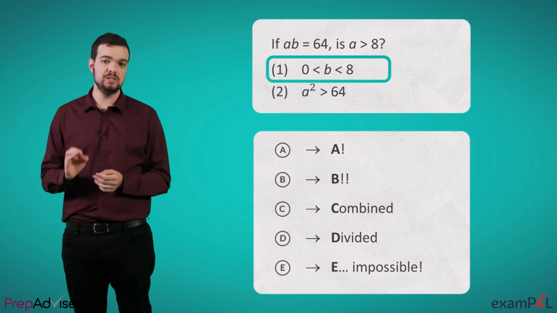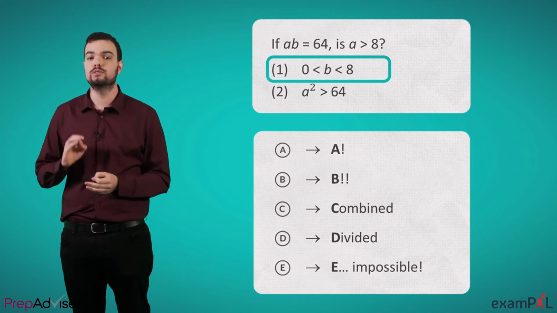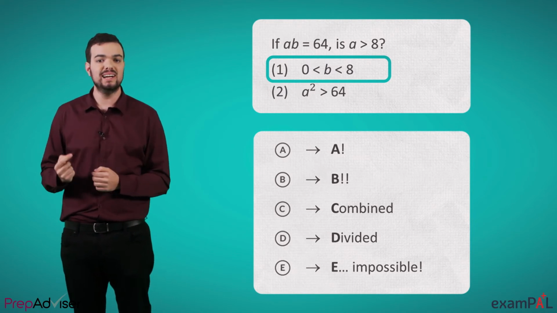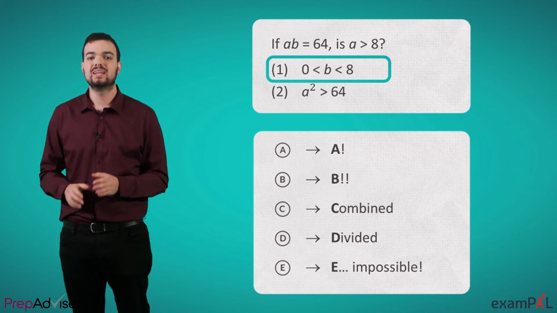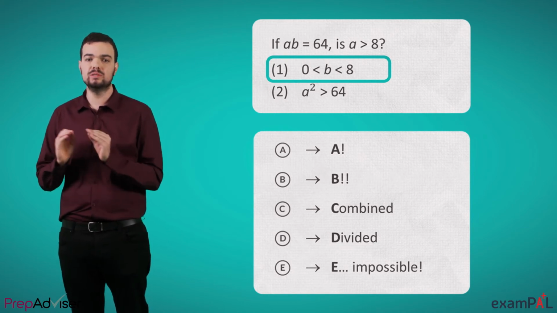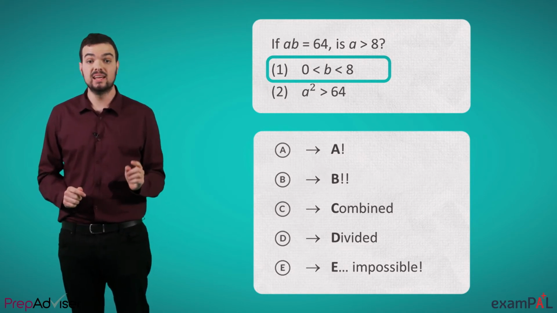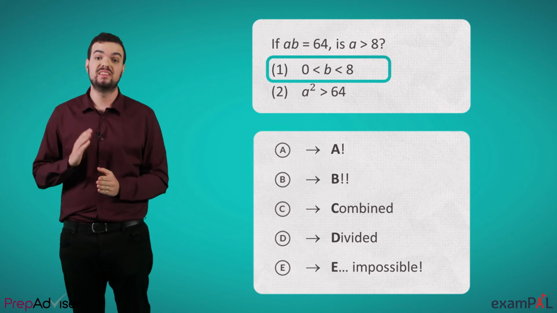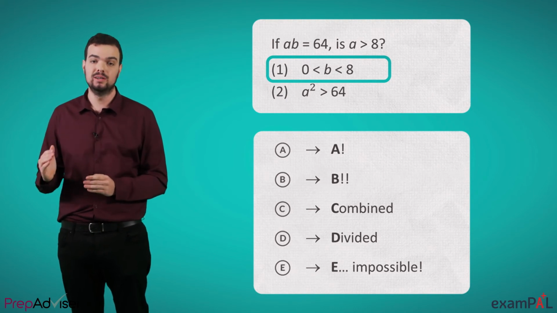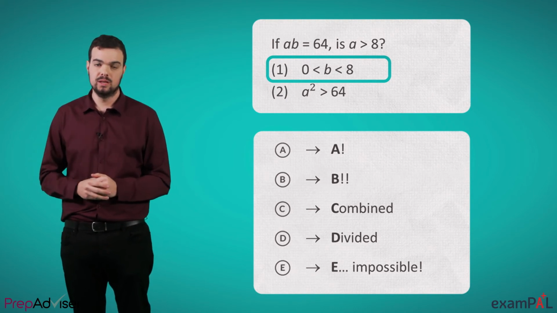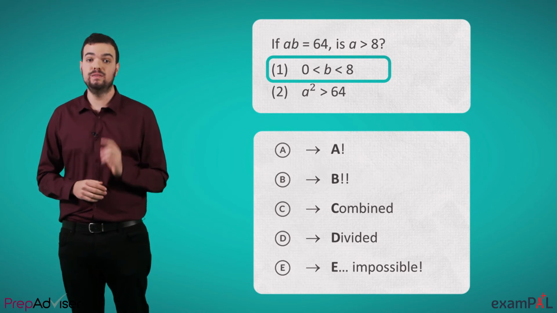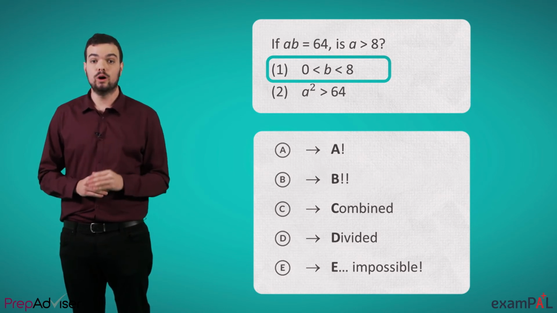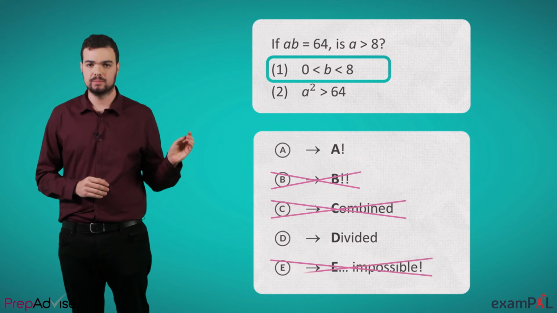Second, when we get ranges, it's often useful to use an extreme in order to figure out the logic for the entire range. Let's pretend B equals 8. If that's the case, A will also be 8. But B is less than 8, which means, logically, that A has to be larger. And that's our solution. So statement 1 is sufficient, meaning we'll cross out B, C, and E.